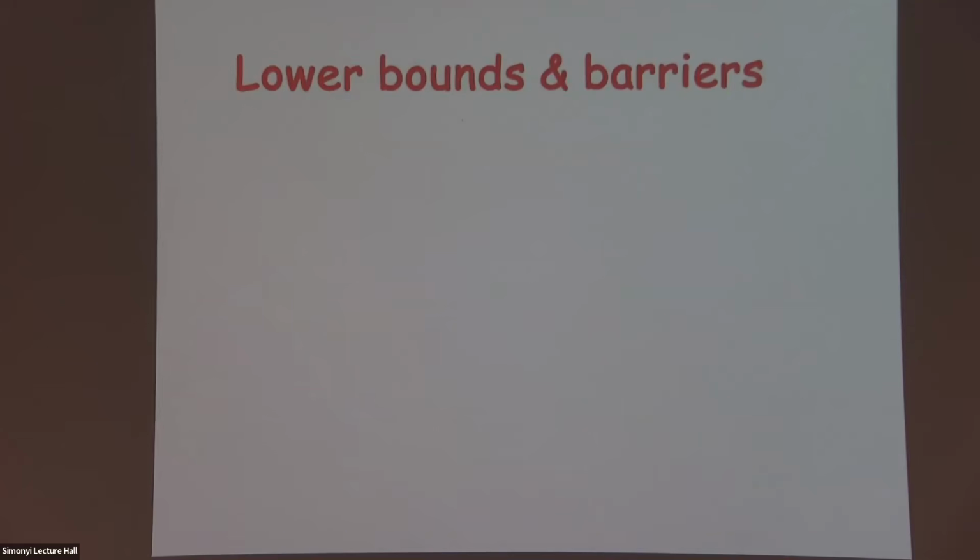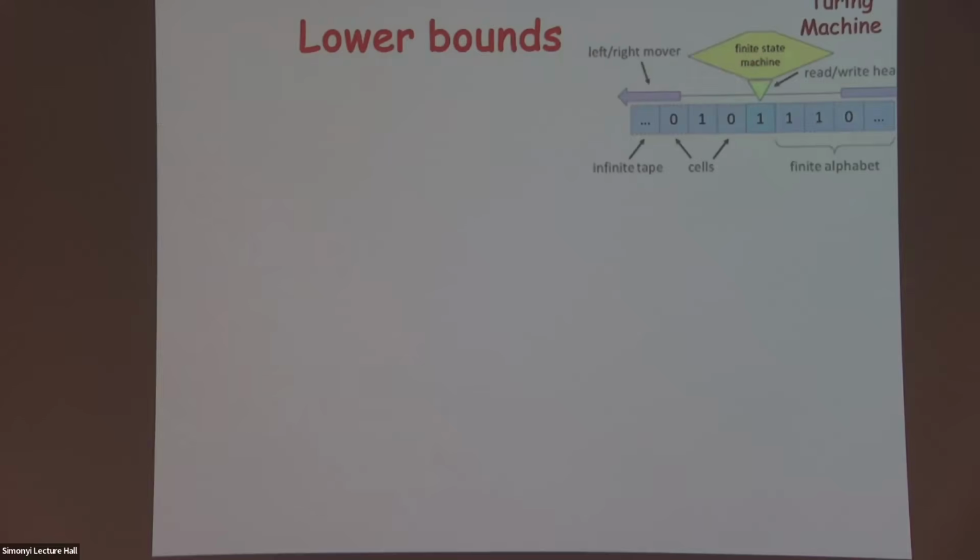Okay, 10 minutes more, good, that I want to tell you about lower bounds, about trying to separate P and NP. So very structural results now. Let's talk about lower bounds and barriers, which I'll explain. Turing defined this Turing machine.